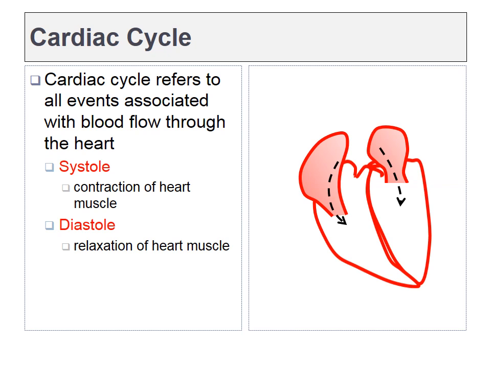We could distinguish between ventricular systole versus atrial systole, but in general, if we're just talking about the heart as a whole, we really only care about what those much larger ventricles are doing. So if I don't mention which systole and which diastole, I'm discussing what's happening in the ventricles.